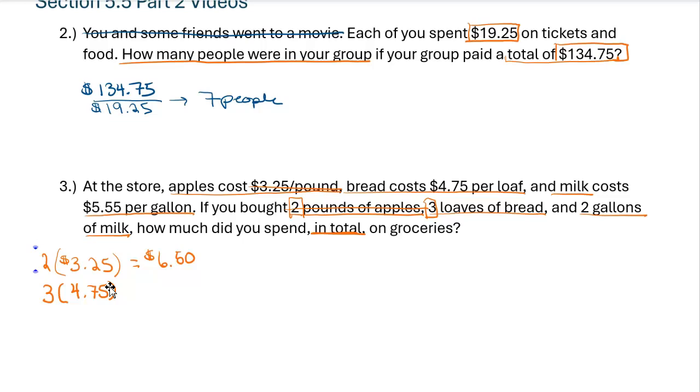The messier things get, I find that it's harder to keep track. So in this case, I'll put the dollar sign for the answer once I multiply this. And again, I'm using multiplication because it's more efficient than just adding over and over. But that is a method that you could use.